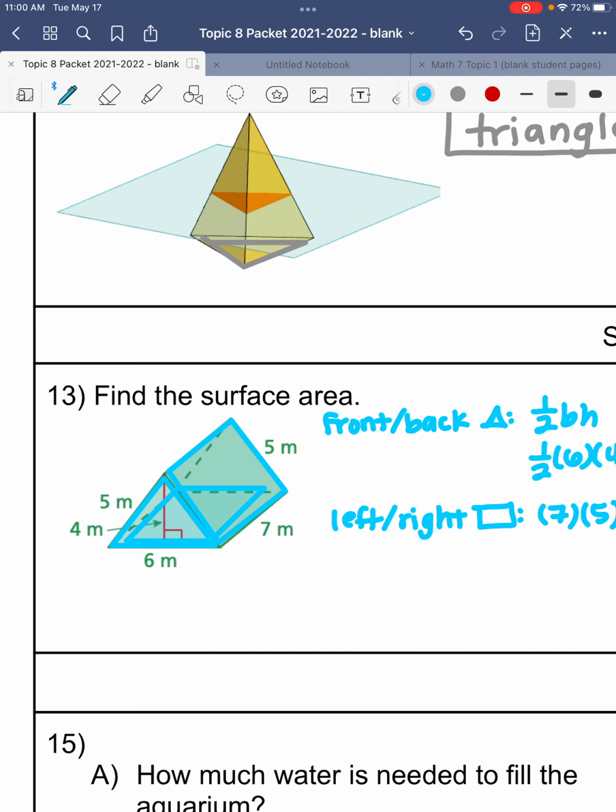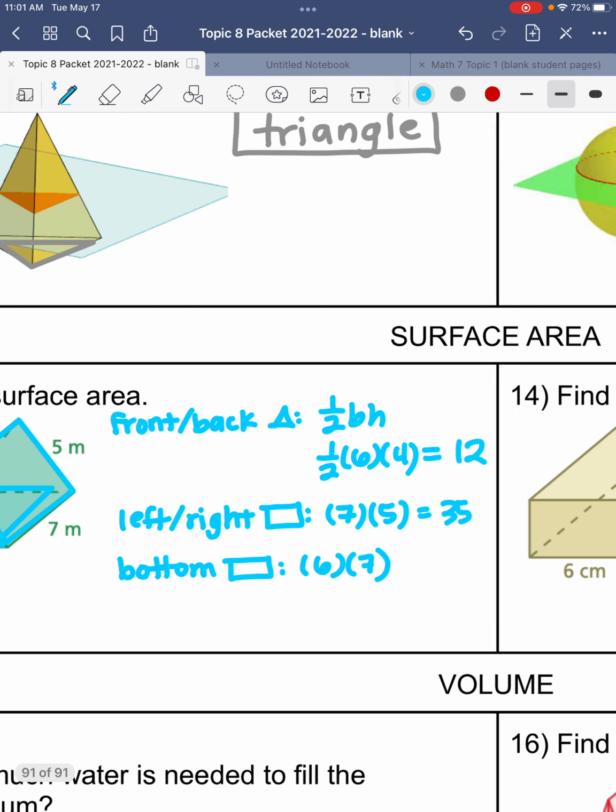So there's a bottom to the figure, and it's a rectangle. Well, what are the dimensions of that rectangle? Well, it's 6 meters by 7 meters, right? So 6 times 7 is what? It's 42. So now I just need to add all this up.